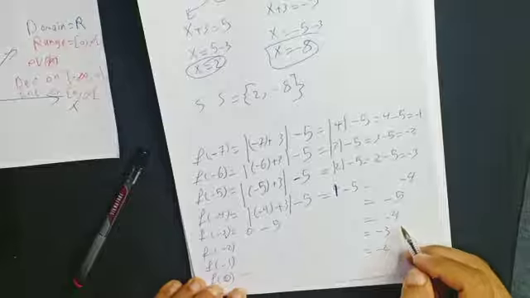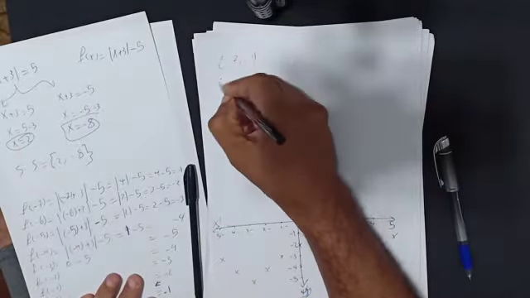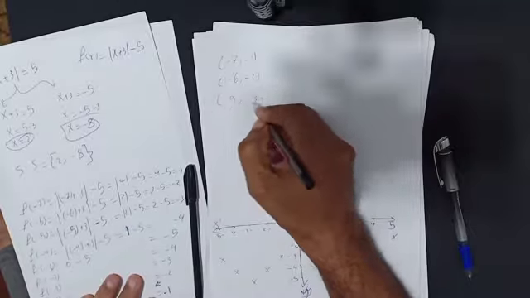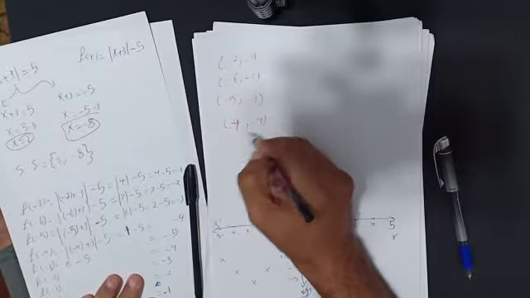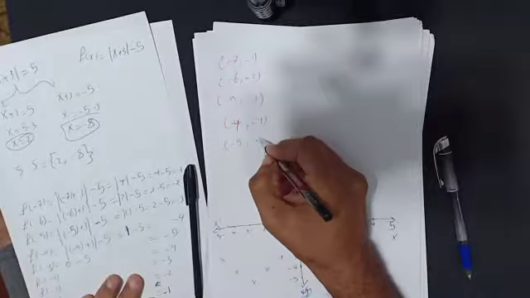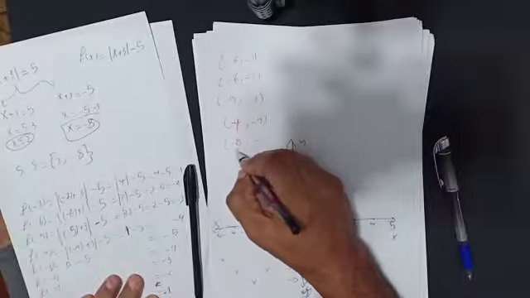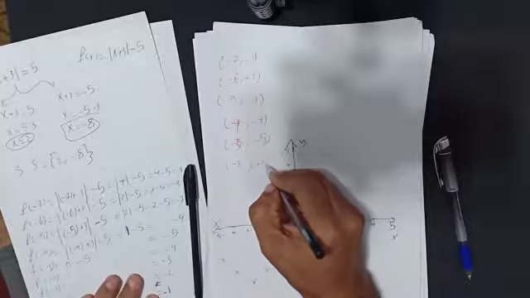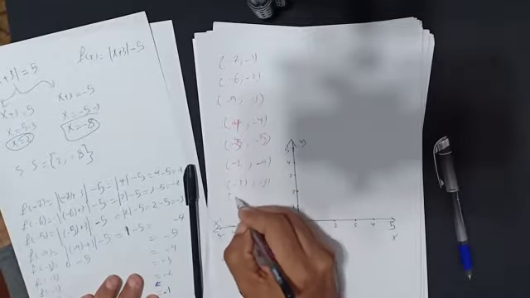Then we have the points negative 7 and negative 1, negative 6 and negative 2, negative 5 and negative 3, negative 4 and negative 4, negative 3 and negative 5, negative 2 and negative 4, negative 1 and negative 3, 0 and negative 2.